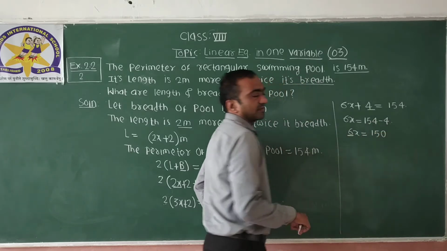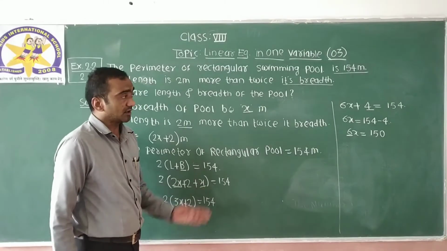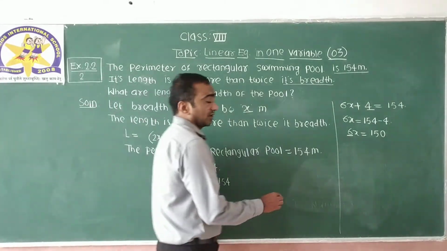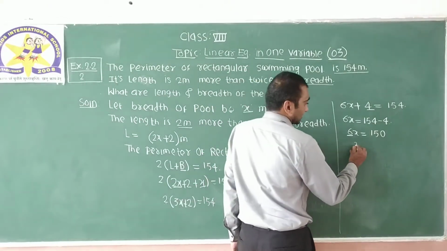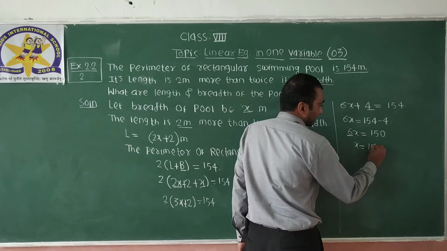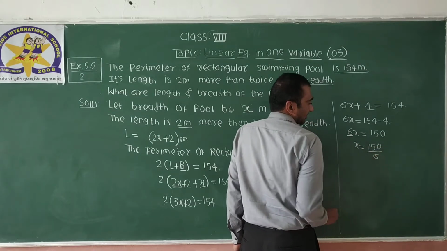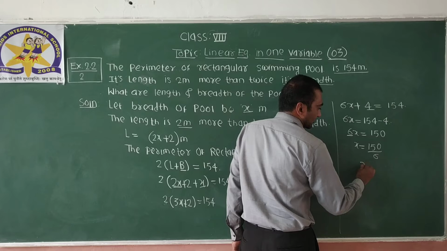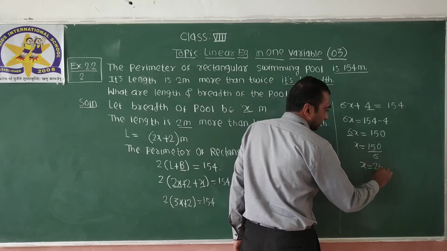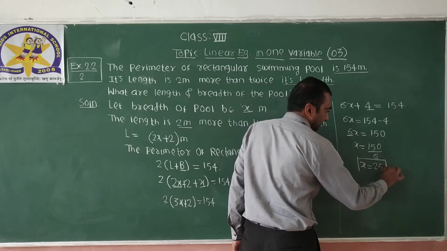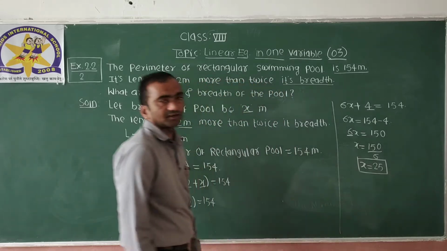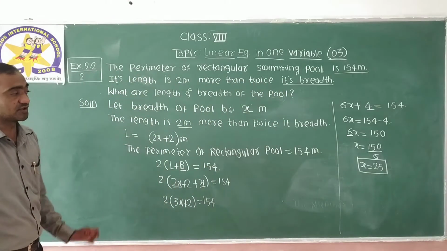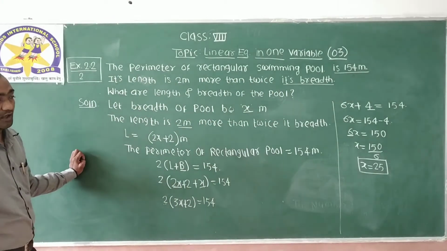Now this 6 is in multiplication. Transfer it to the right side. It goes to division. x equals to 150 divided by 6. If we divide 150 by 6, then we get 25. So here we get the value of x, which is equal to 25.